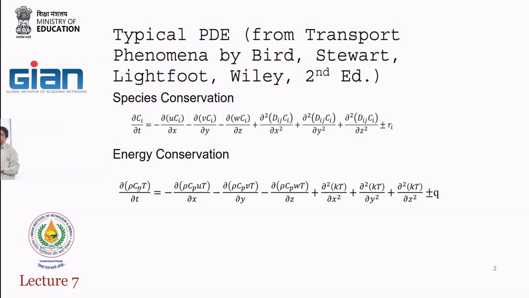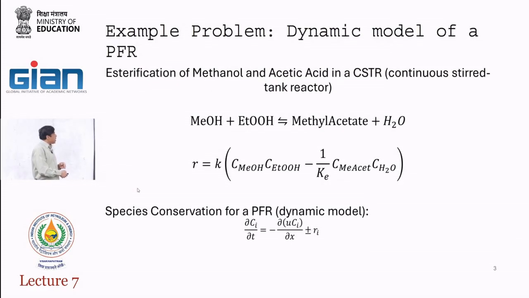Those are the only two terms that we kept. This is for simplicity. You can consider more terms, but this is a simple model that you have read in Levenspiel's book or Fogler's book, and this is the simple equation that we considered.